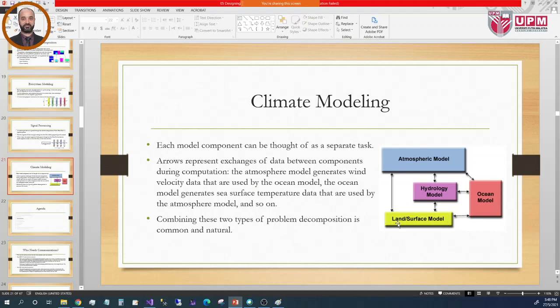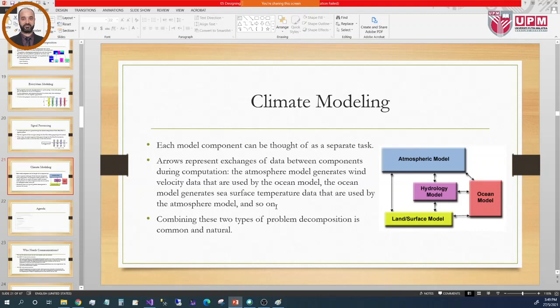So all of that could be working separately. The arrows represent exchanges of data between components during computation. The atmosphere model generates wind velocity data that are used by the ocean model. The ocean model generates sea surface temperature data that are used by the atmosphere model, and so on.